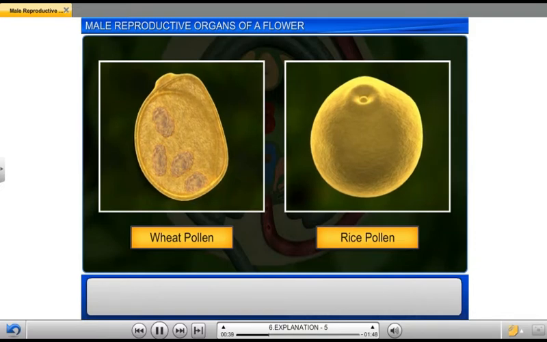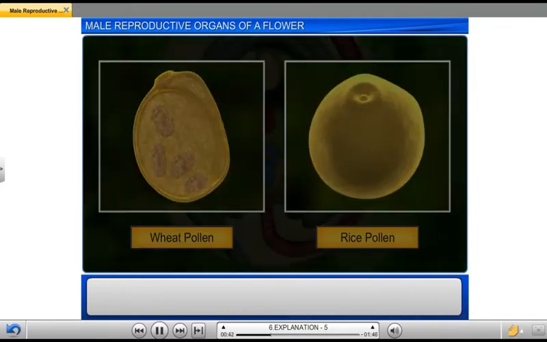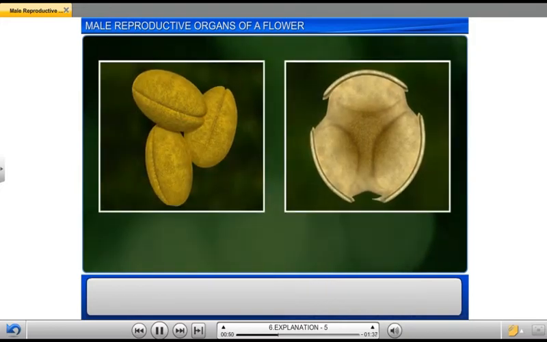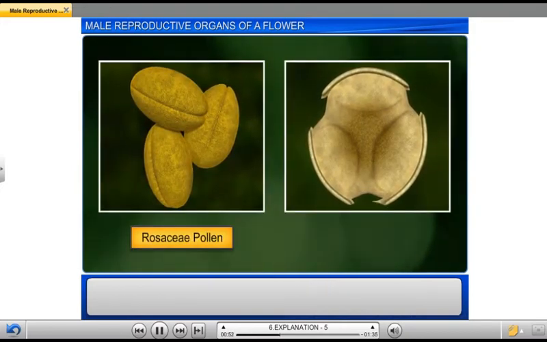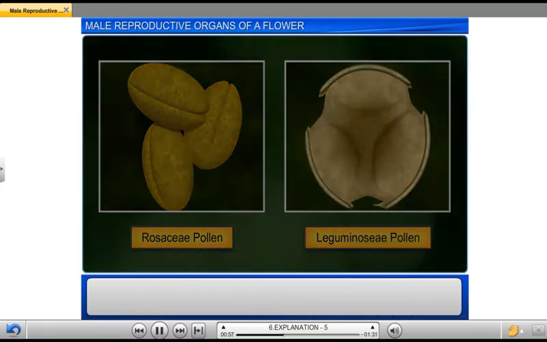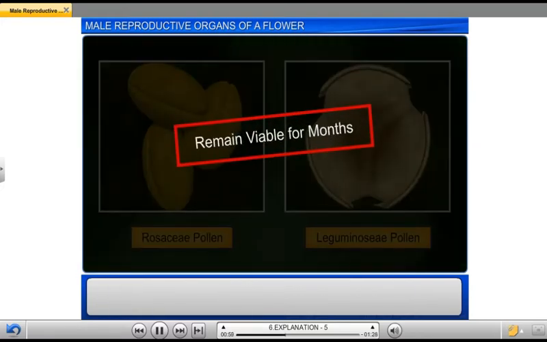Pollen grains of cereals, such as wheat and rice, lose their viability within 30 minutes of their release. Whereas pollen grains of some members of Rosaceae, Leguminosae, and Solanaceae remain viable for months.